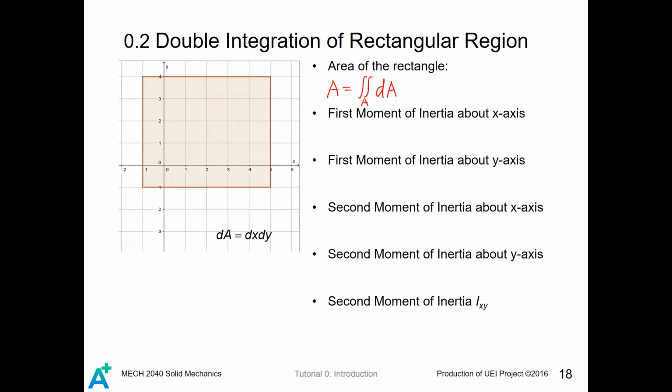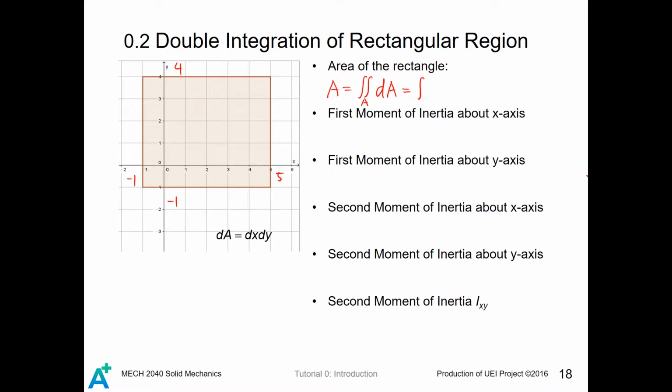Yes, the area is the summation of all area elements, but this is how we use the double integral to evaluate the area. We know that for the x-axis, the bound is from -1 to 5, while for the y-axis, the bound is from -1 to 4.